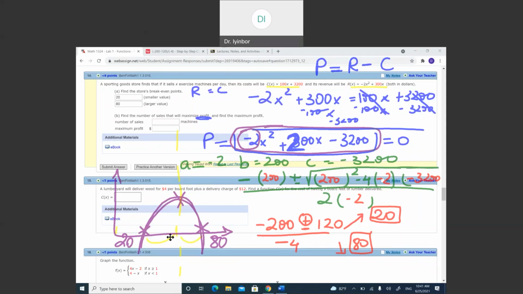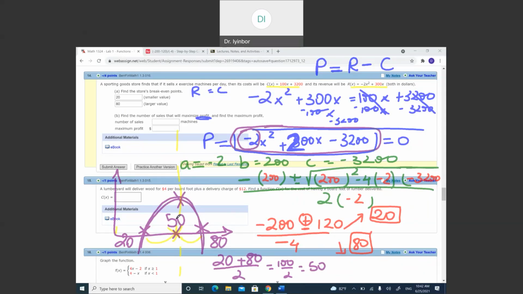The middle point is when you add 20 plus 80 and you divide by 2. So 20 plus 80 is 100, divided by 2 is 50. So the vertex or the maximum is going to be at 50, when x is 50.